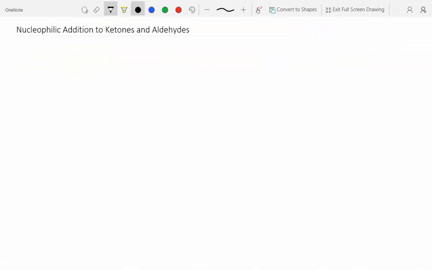Chapter 20 primarily focuses on nucleophilic addition to ketones and aldehydes. And we're going to focus on aldehydes first. And let's just take our generic aldehyde, and I'm going to keep an R group in there.